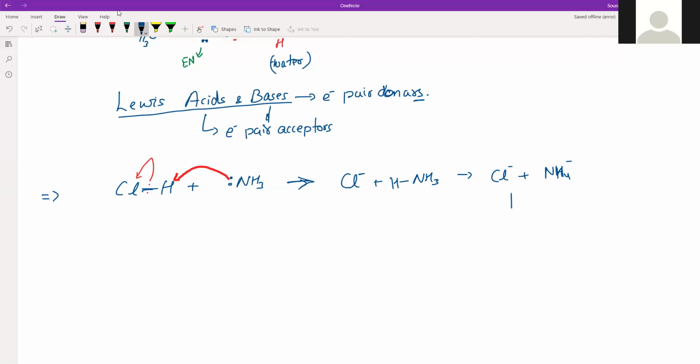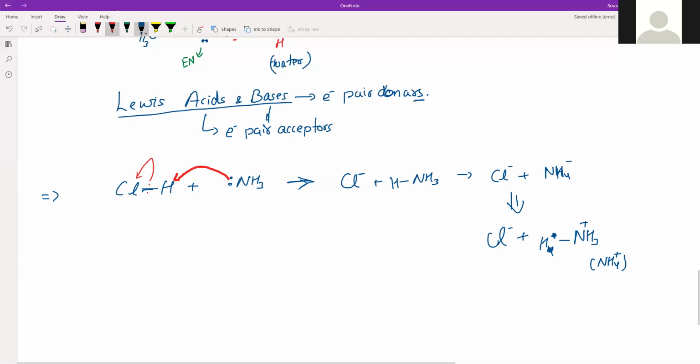So this can also be written as Cl negative plus NH4, that is, NH3 added H, right? So this is your NH4 with nitrogen having a plus charge. That is Lewis acid and Lewis base.